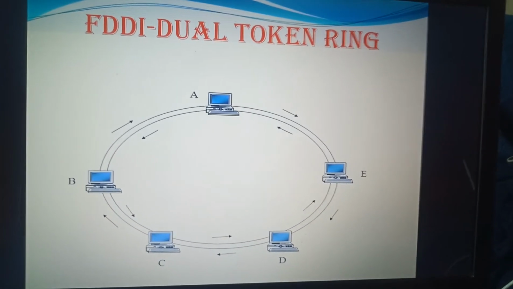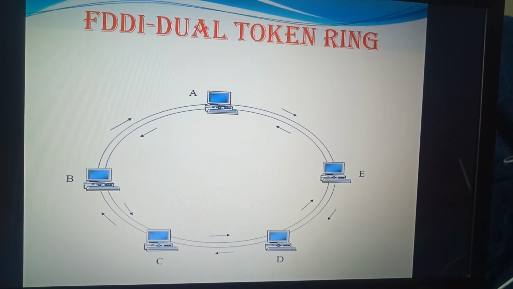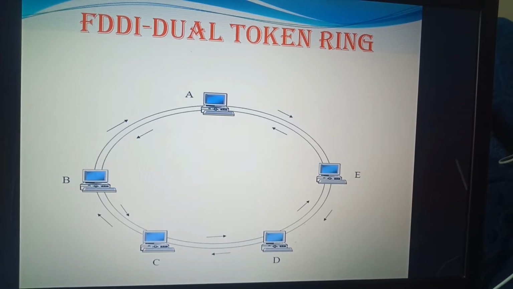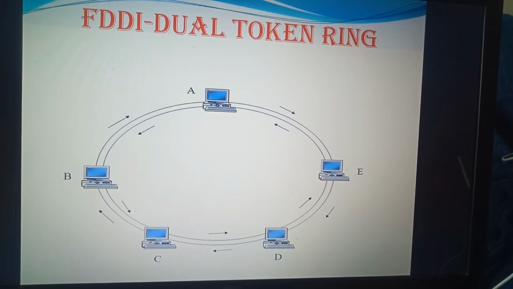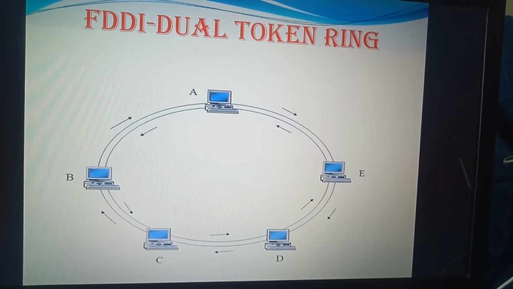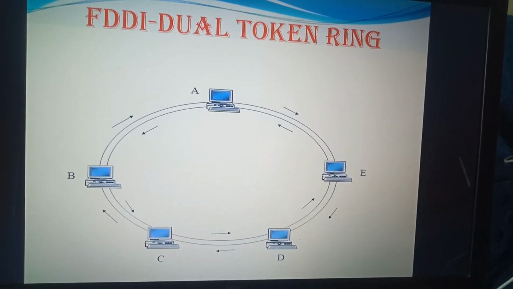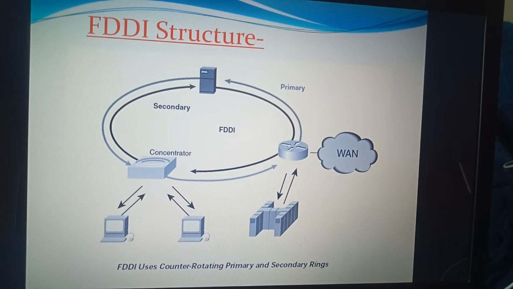FDDI dual token ring. In this diagram we can see that there are two arrows, one for the primary ring and another for the secondary ring, and both the rings are in the opposite direction to each other, and connected to the computers. FDDI structure.